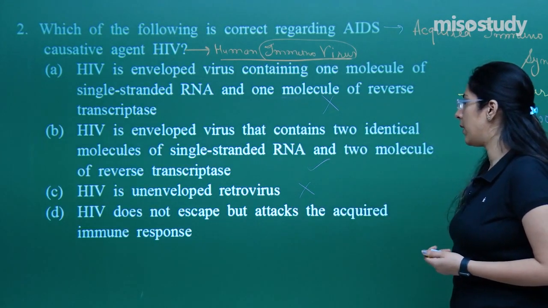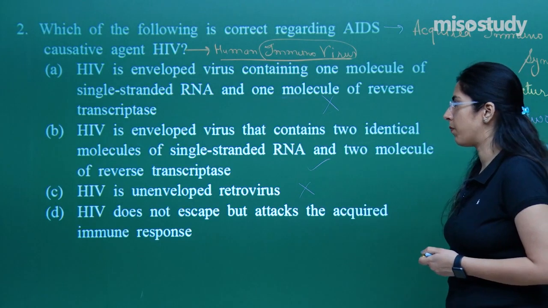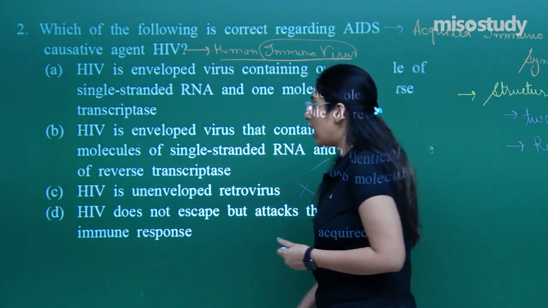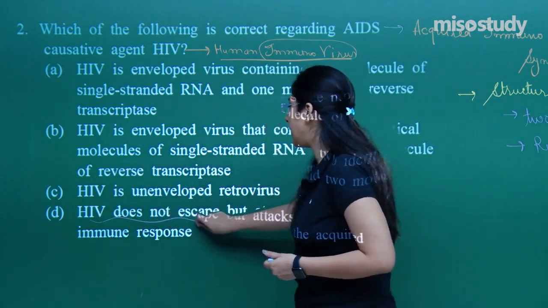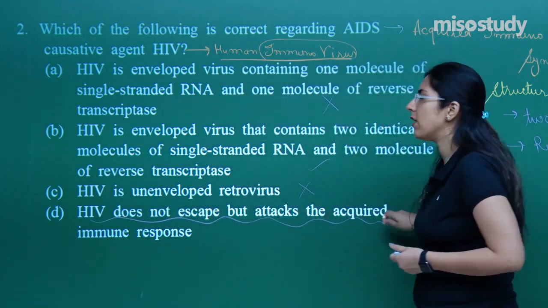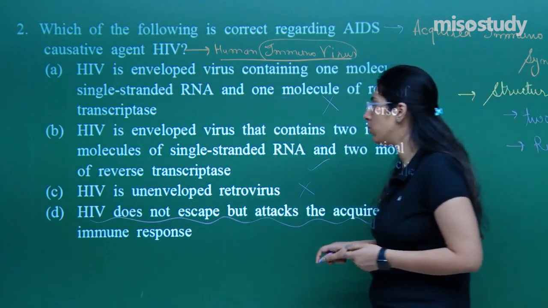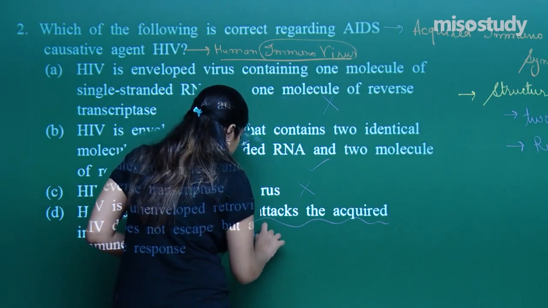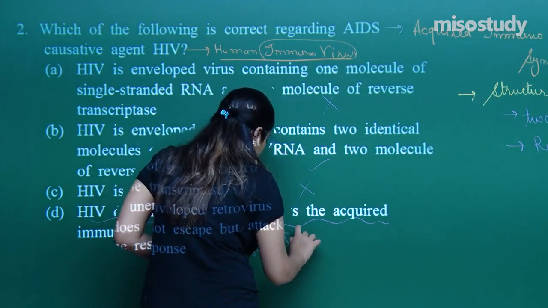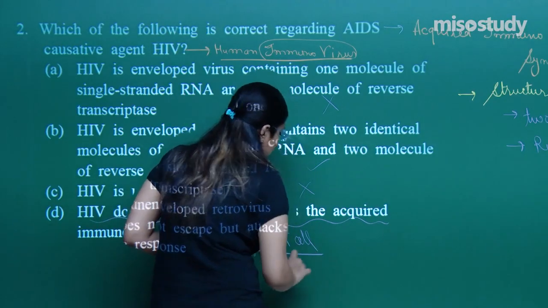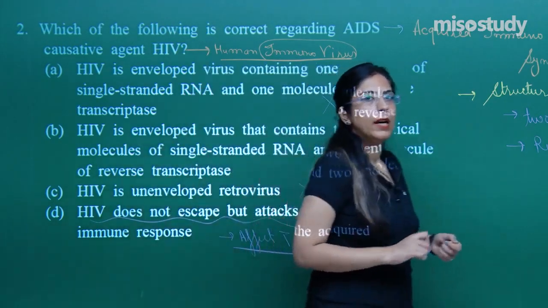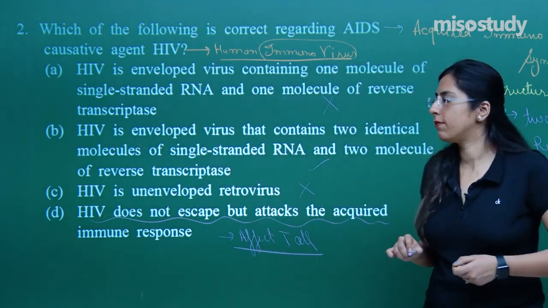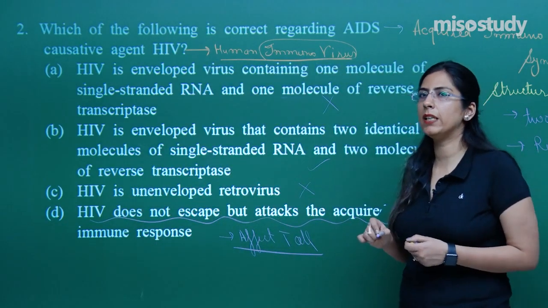Let's look at option D. HIV doesn't escape but attacks the acquired immune system. Basically, what does HIV do? HIV affects our T cells, basically the T cytotoxic cells.